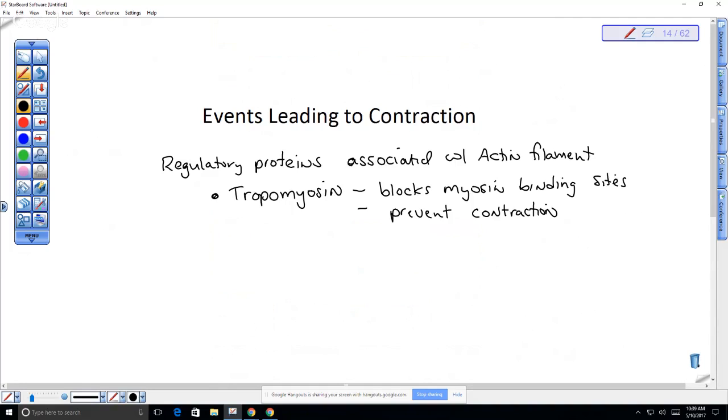The second regulatory protein is called troponin. And this is smaller than the tropomyosin, and it actually doesn't bind to actin, but it binds to tropomyosin.